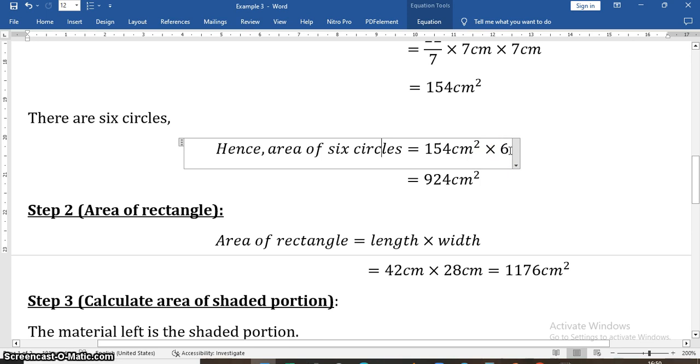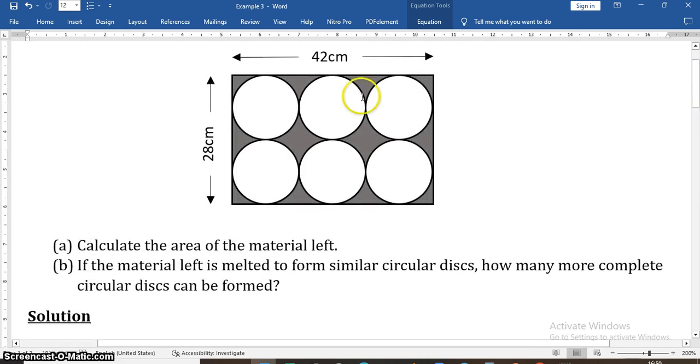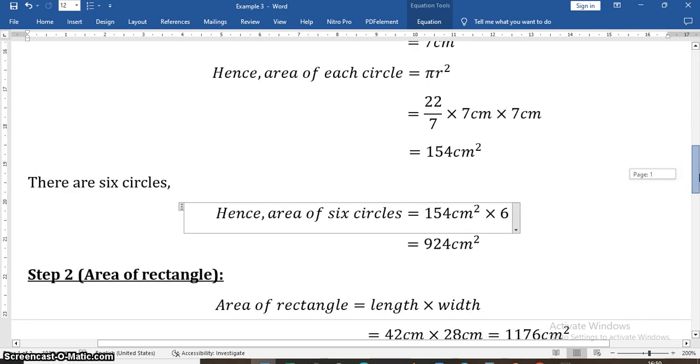Get your rough book and do that. 154 centimeters squared times 6. That would give you 924 centimeters squared. What does that mean? Again, look at the diagram. It means the total area occupied by those circles is 924 centimeters squared. You can see it here.